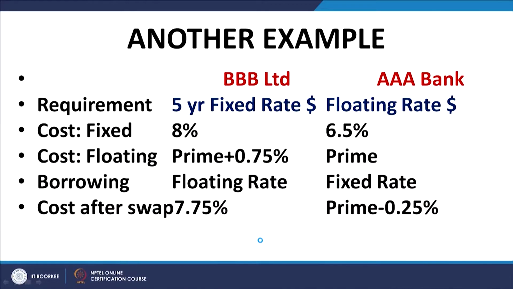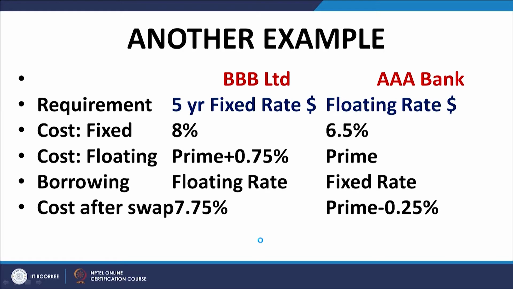As far as floating rate is concerned, if BBB approaches the market with a floating rate bond issue, it can issue the bond at prime plus 0.75%, and AAA can issue bonds at prime rate.